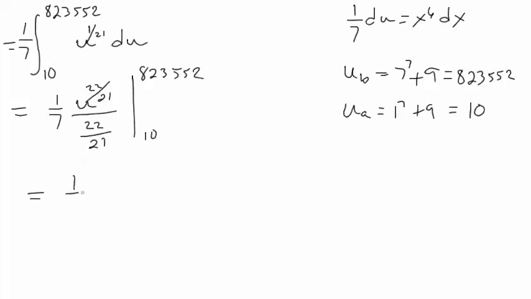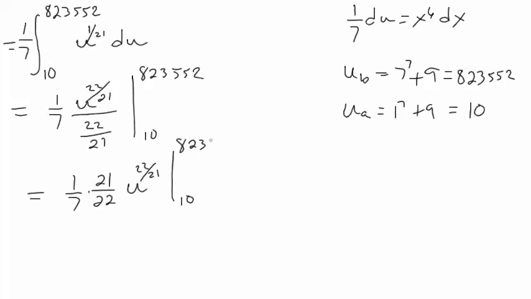Let's flip this around, 21 over 22. And actually that will reduce down, right? Rewrite all this stuff again.